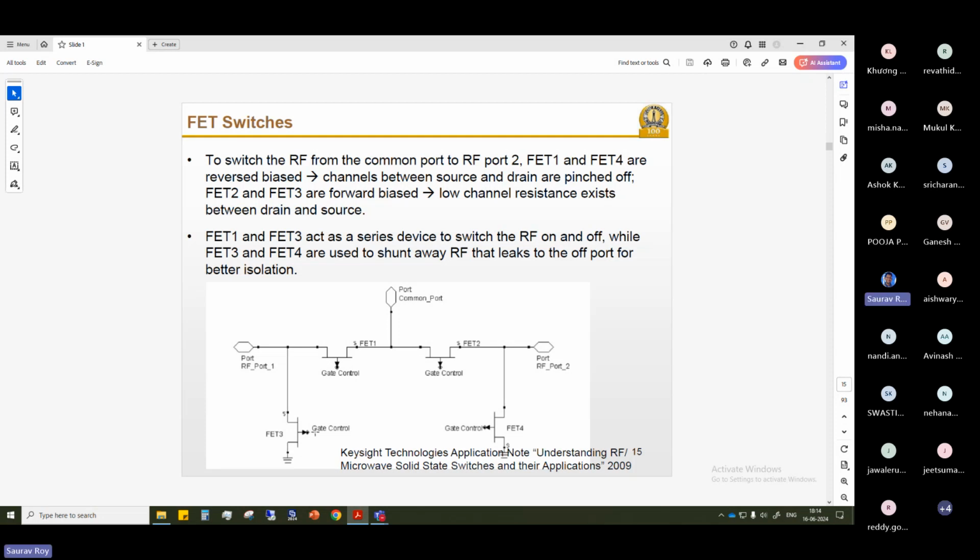So if you forward bias FET2 and FET3, the signal gets a direct path from common to port 2.